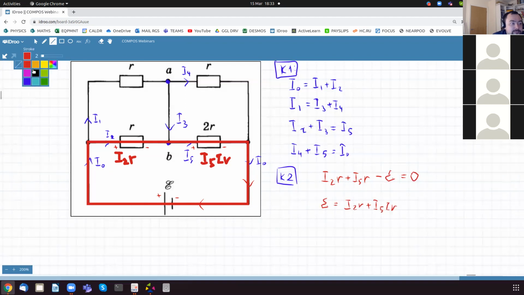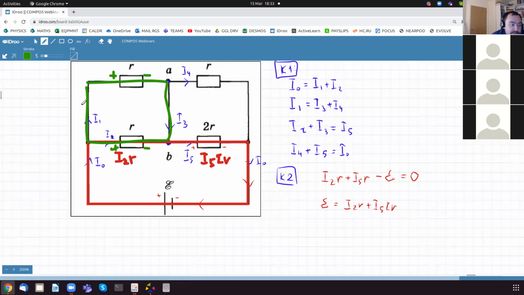Now, I'm going to take another loop, and I can choose any loop. I'm going to take this one. Here current flows in like this from plus to minus, and here from plus to minus.